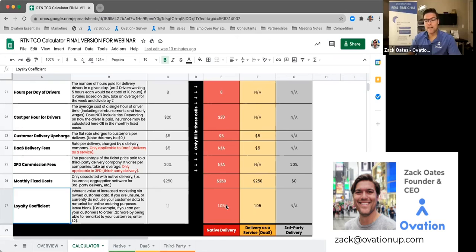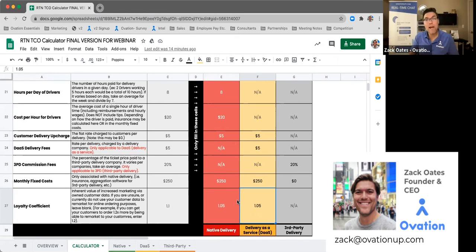Just that when you own that customer data, right? Someone orders on a third party, you don't know who they are as far as their phone number. You don't have their email address. You can't invite them back or invite them to order with specials and things like that. Now, if you aren't doing anything with marketing, then you could leave that as one, because if someone isn't going to come in again because you have their data, there really isn't a lot of loyalty coefficient here.